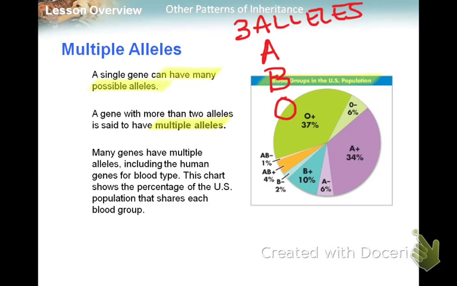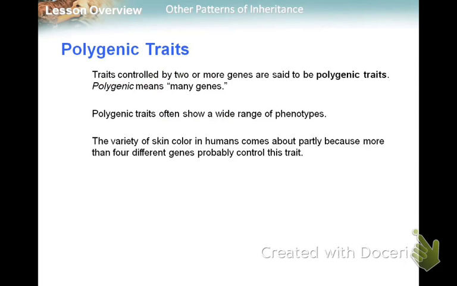So there are 3 alleles for blood type. You can see here that O is the most common blood type, O positive to be specific. A is the next most common, and then it goes down drastically after that in terms of the blood types. We'll talk about blood types a lot later on, starting with next chapter.